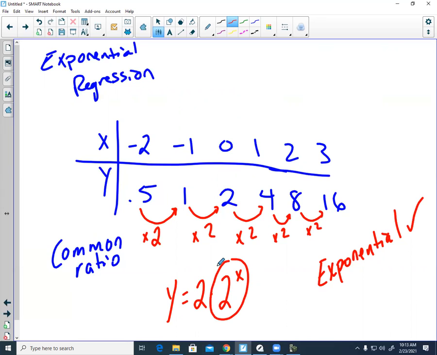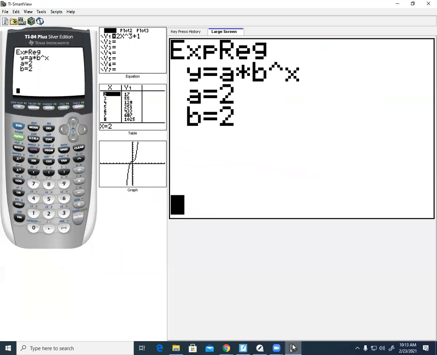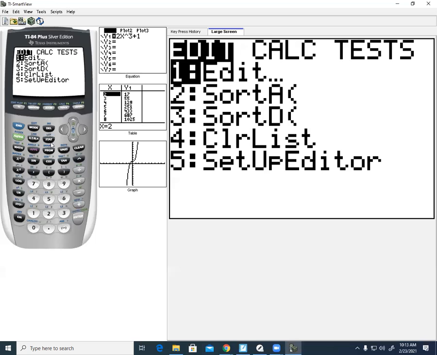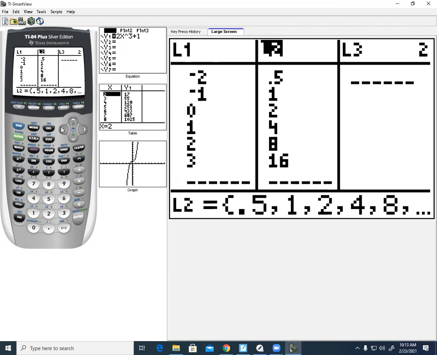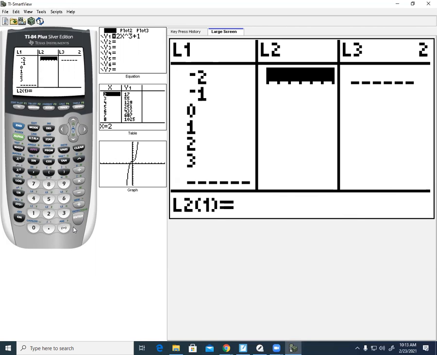I just have a question about the stat button. How do you clear the table? If you want to clear the whole table, I don't know if there's an easier way, but the way that I've always done it is you go up to L2, hit the clear button, and hit enter on L2, and it'll get rid of the entire column.